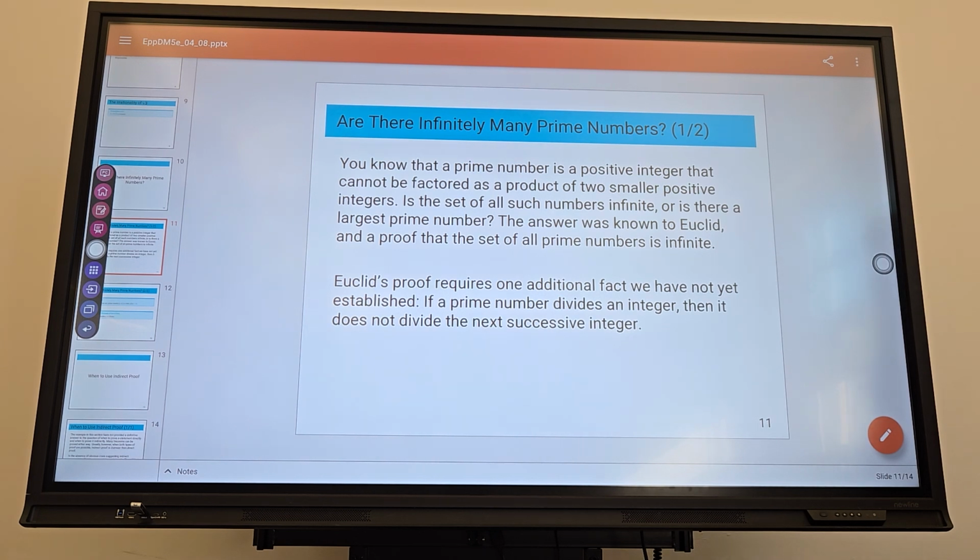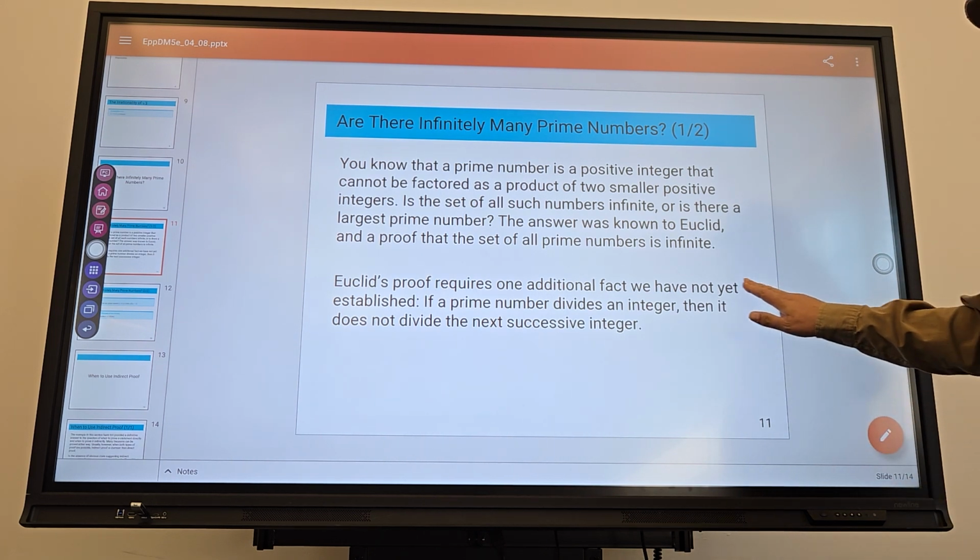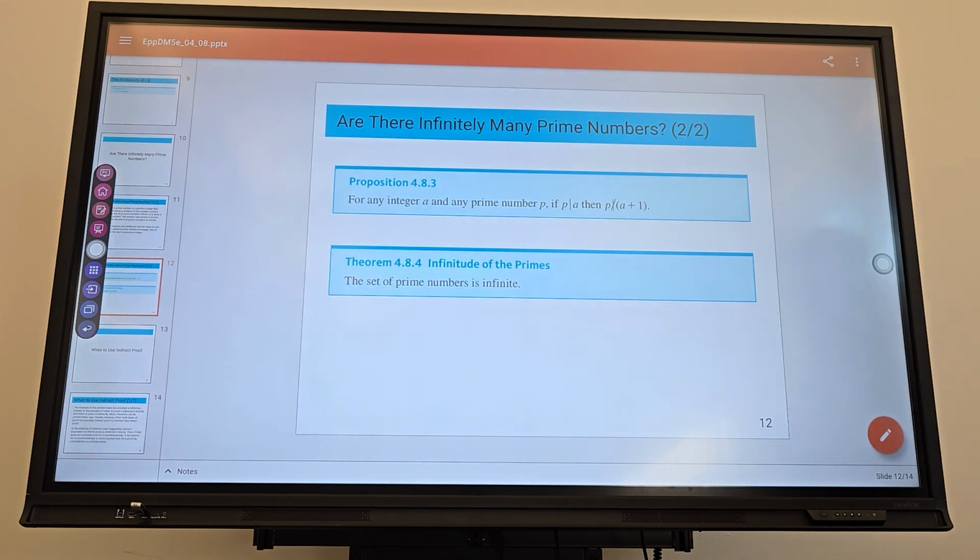Euclid's proof requires one additional fact that we have not yet established. If a prime number divides an integer, then it does not divide the next successive integer. So for any integer a and any prime number p, if p divides a, then p does not divide a plus 1.